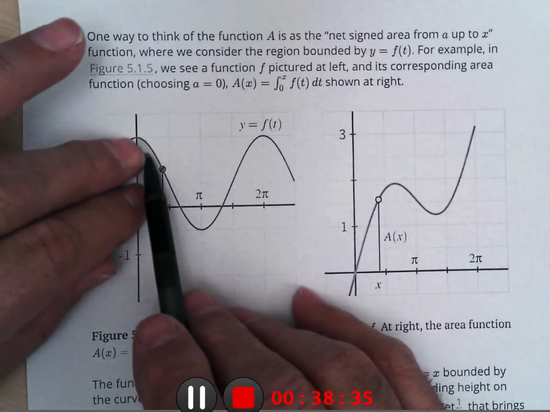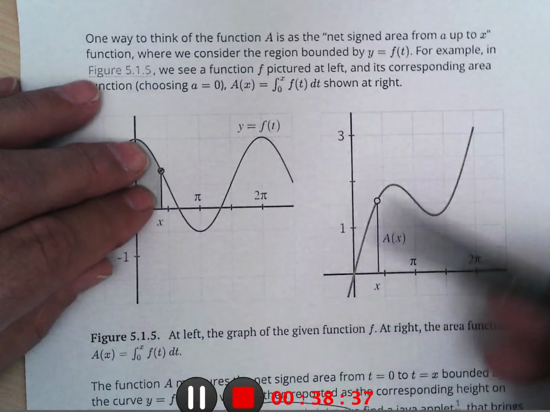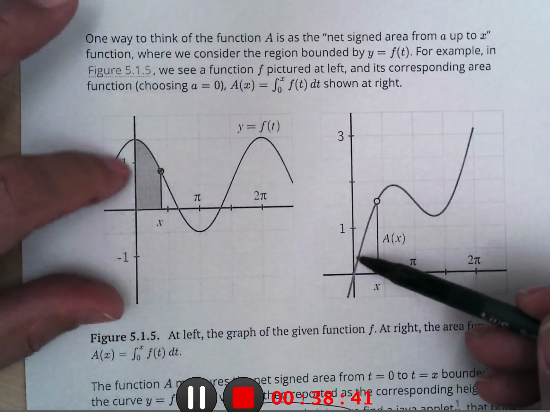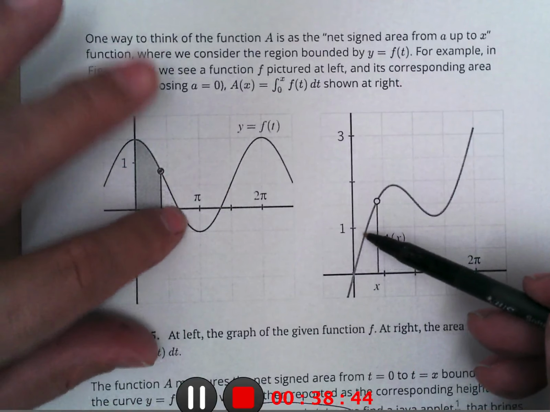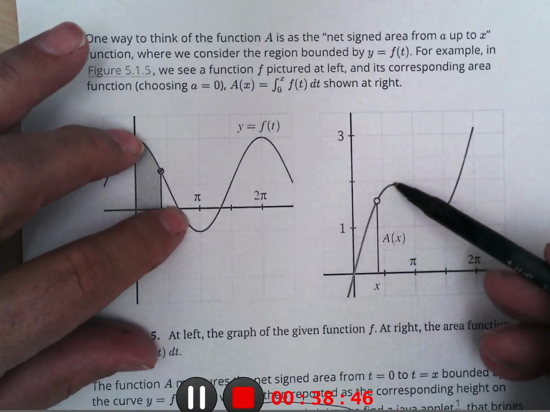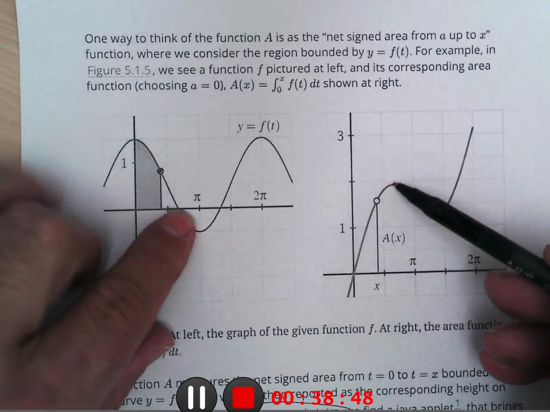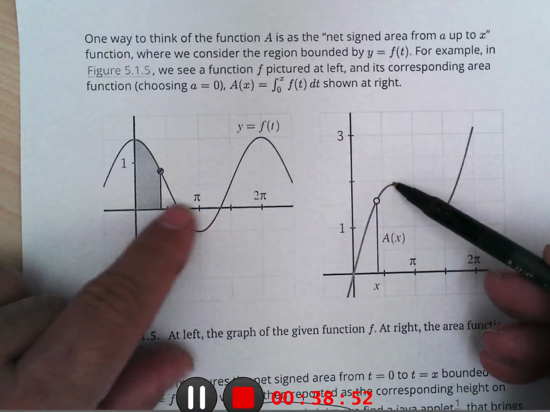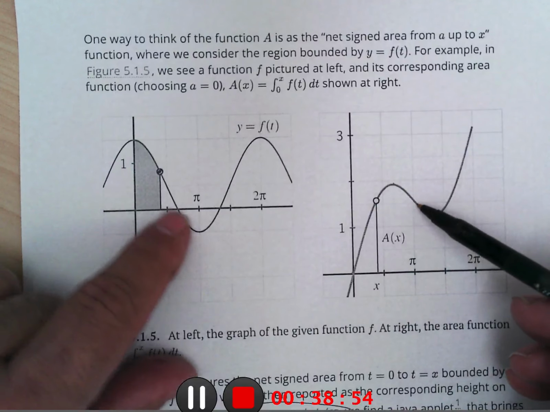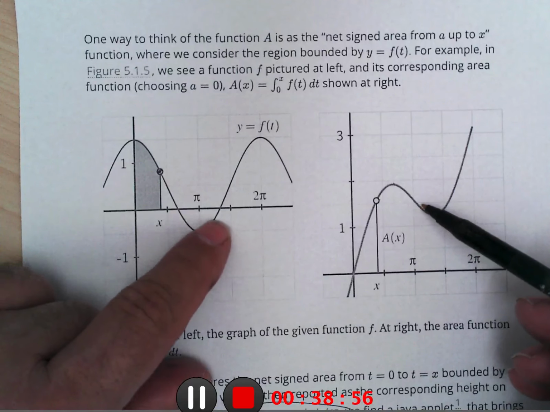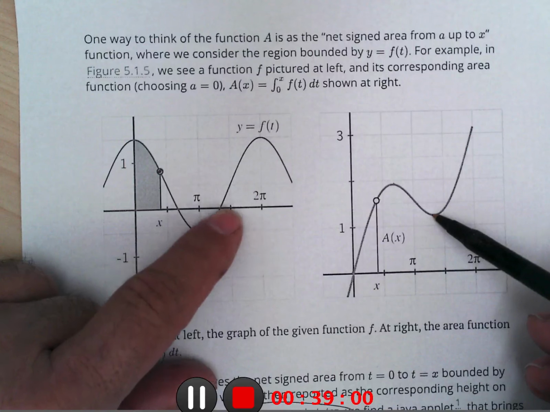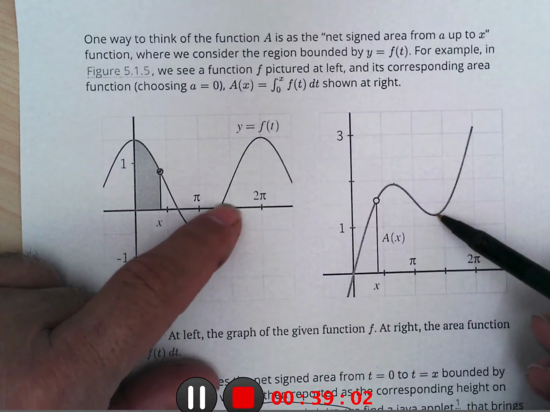So the antiderivative grows very fast at the beginning, but it grows less quickly until it gets to a max right there, relative max. Then it's got negative area, so it starts losing, and it goes down, and then it hits 0, which makes it a relative min right there. Then it starts adding area again.